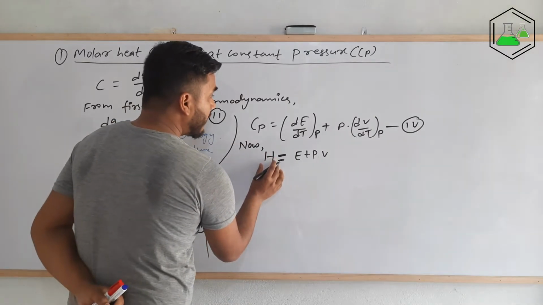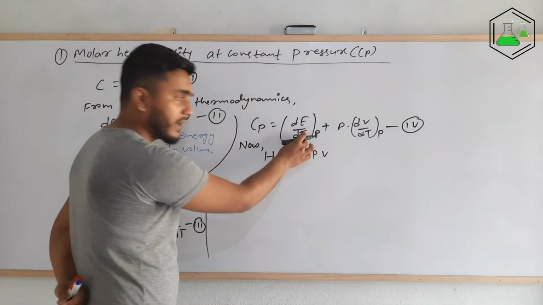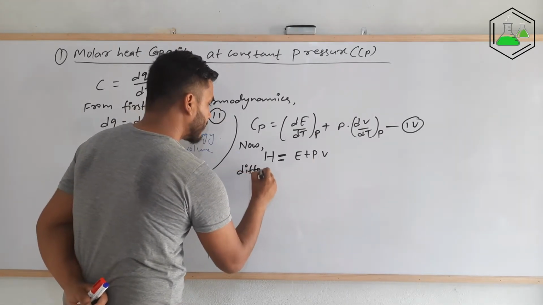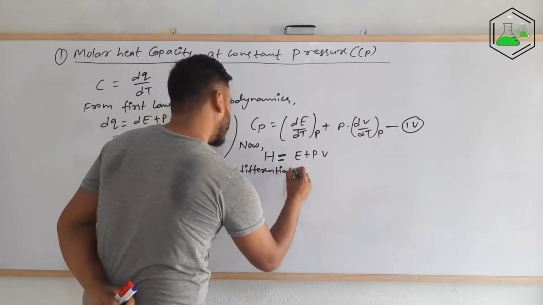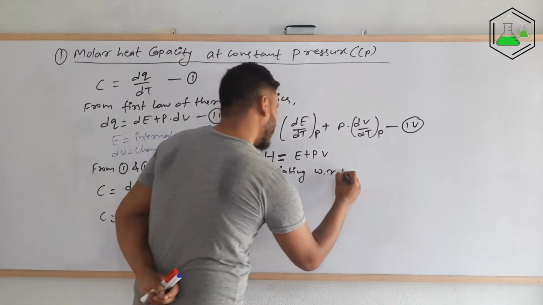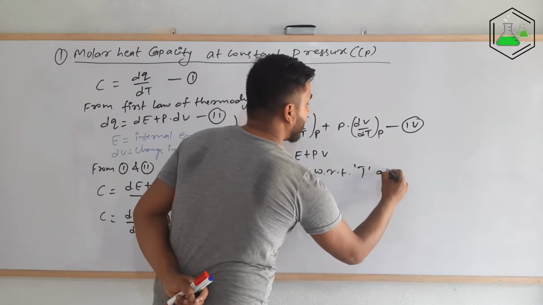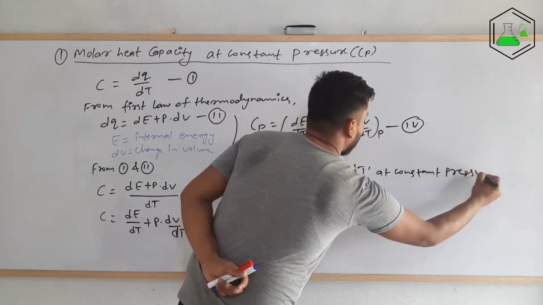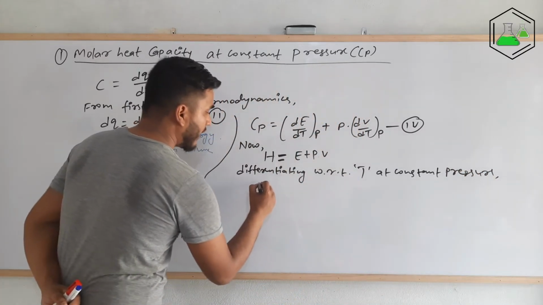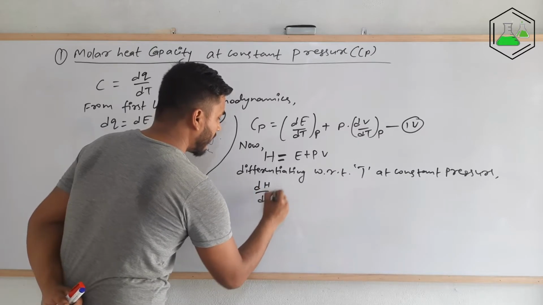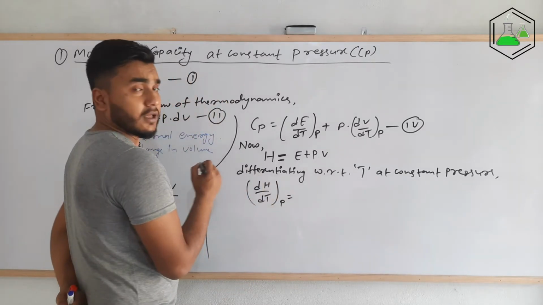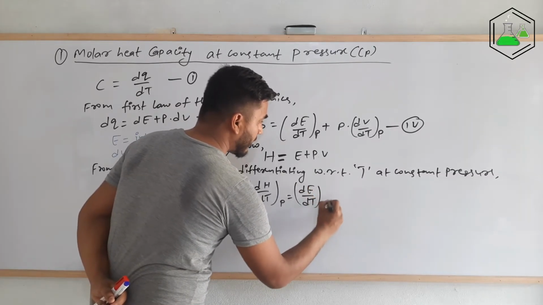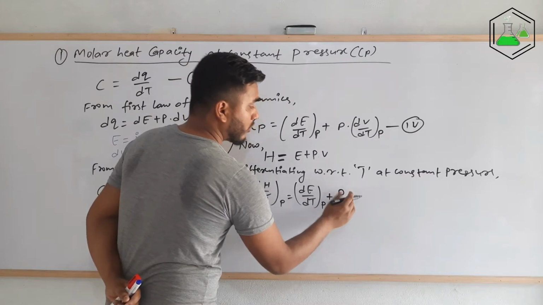Now, let's differentiate this equation with respect to temperature at constant pressure. Then what do we get? Differentiating with respect to temperature at constant pressure, we get (dH by dT) at constant pressure P is equal to (dE by dT) at constant pressure P plus P, as P is constant, right?